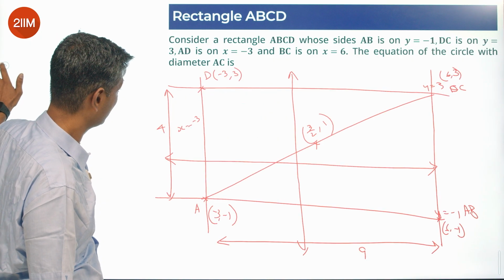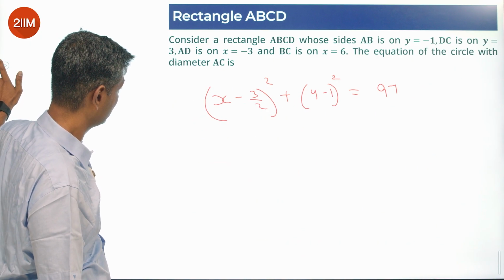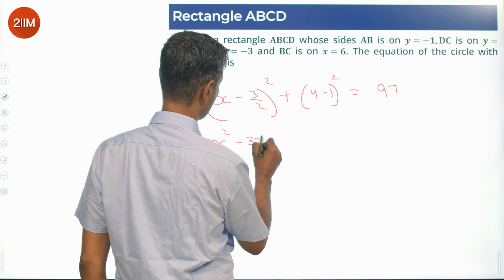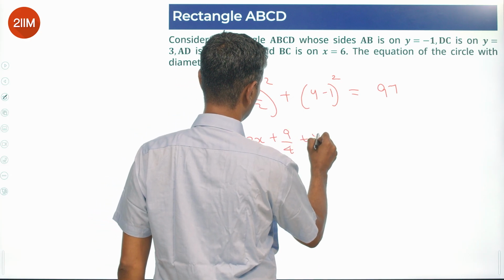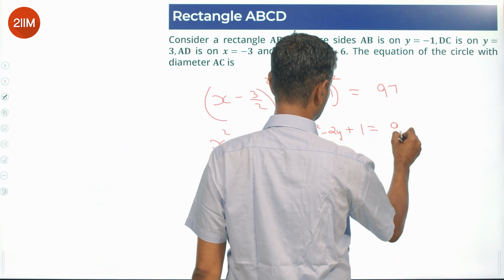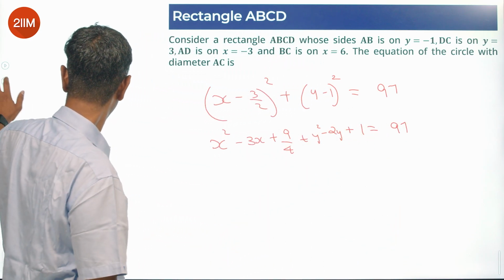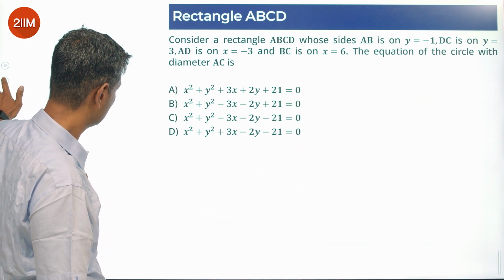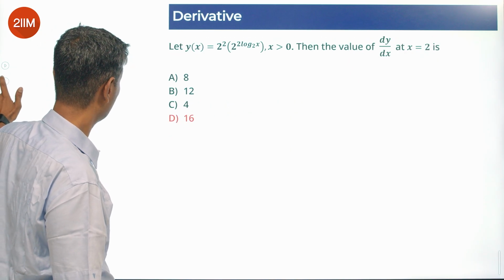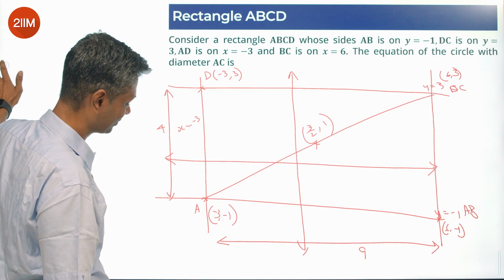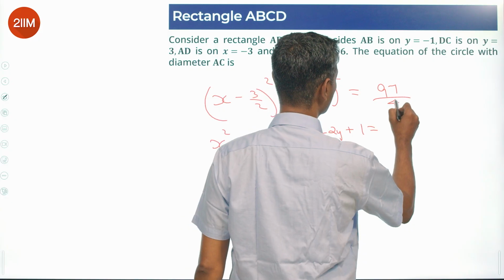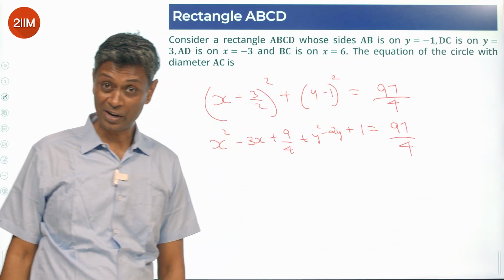Let's expand this. x² minus 3x plus 9/4 plus y² minus 2y plus 1 equals 97. How did we get 97? 97 is the square of the diameter, so we're looking at 97/4 as the radius squared. Sorry, I made a mistake.